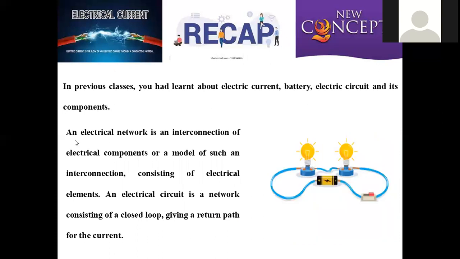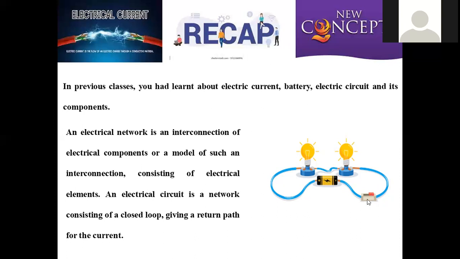Now, in the previous classes, an electrical network is an interconnection of electrical components, and here is the simplest model provided to us. A battery was taken and a switch is there in order to control the movement of current, whether to stop or flow.